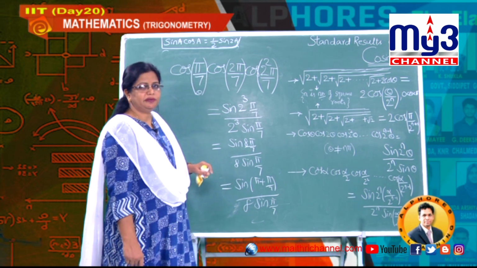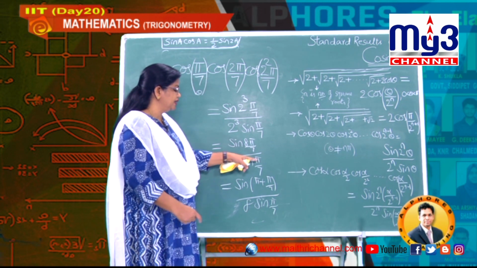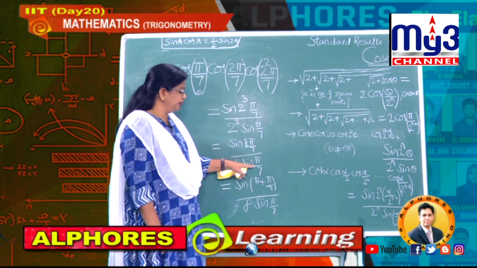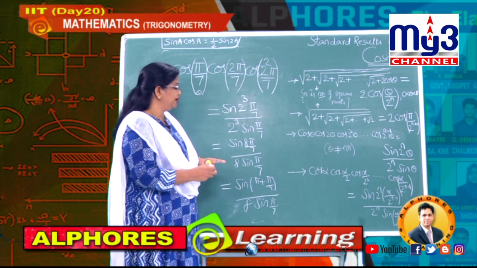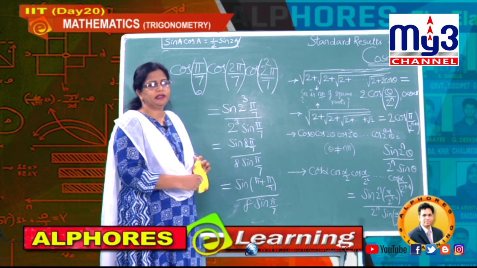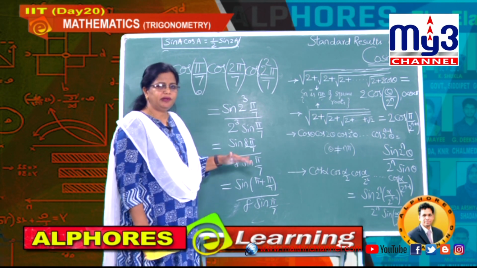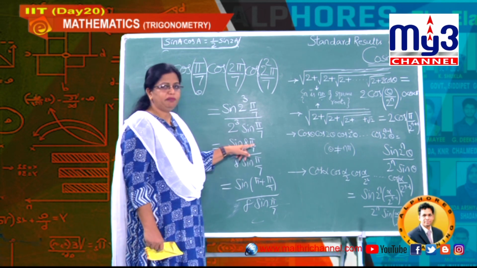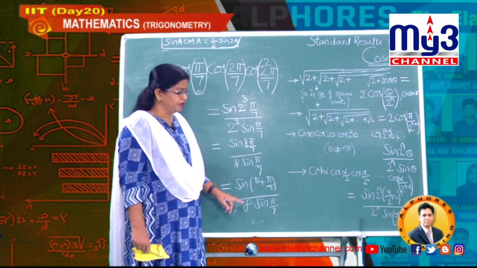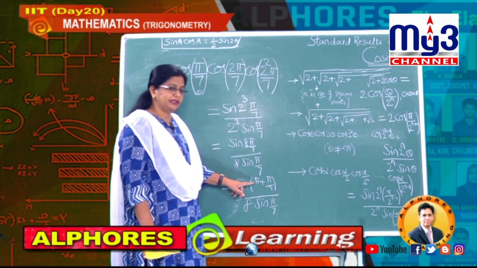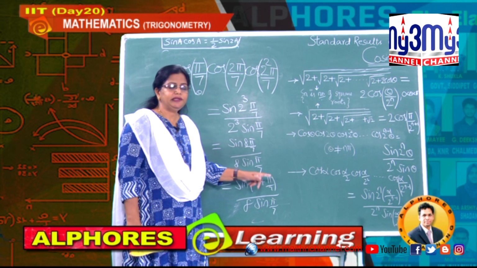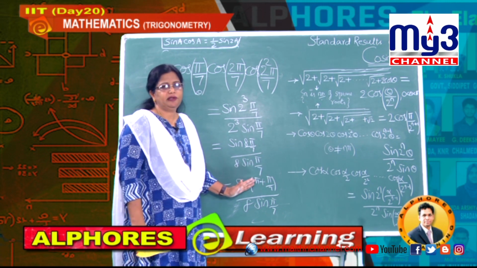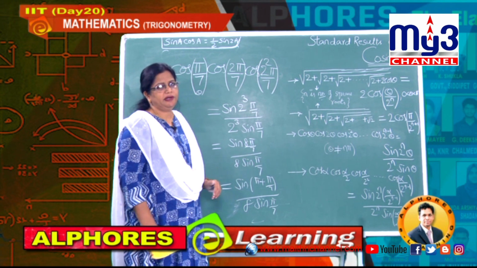So you should have that immediate vision, that it is pi by 7. So how can I write 8 pi by 7 in terms of this? Whenever you get more than, that means acute angles, always our intention is to try to write in terms of an acute angle. So we want to write this 8 pi by 7 in terms of this. Now students, observe here sine of 180 plus theta. What is sine 180 plus theta? Minus sine theta, because it belongs to the third quadrant.